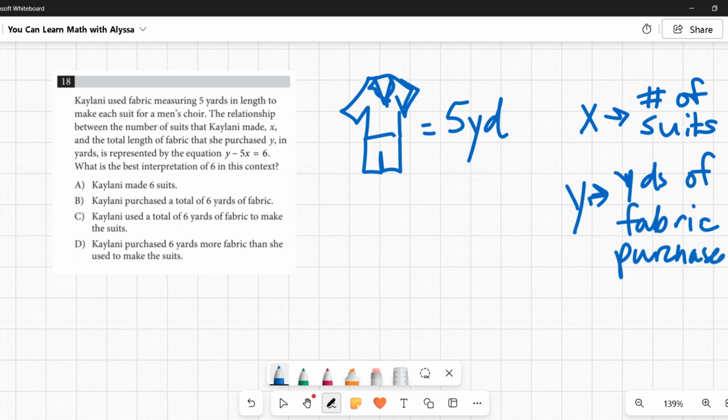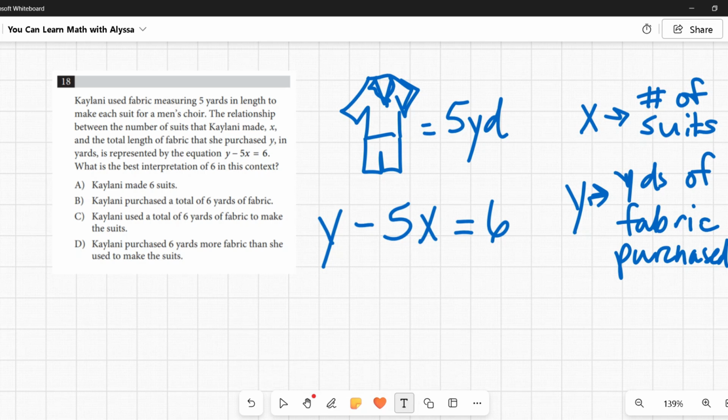We're getting a lot of variables, a lot of information thrown at us. In yards, it is represented by the equation y minus 5x equals 6. What is the best interpretation of 6 in this context? Well, let's fill this in. So we have y is yards of fabric purchased.